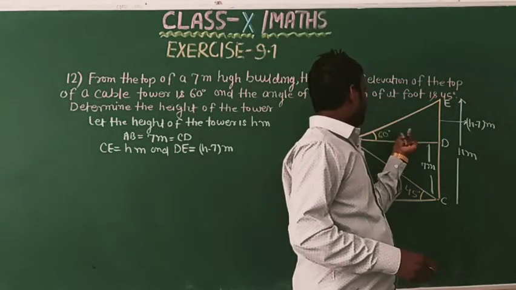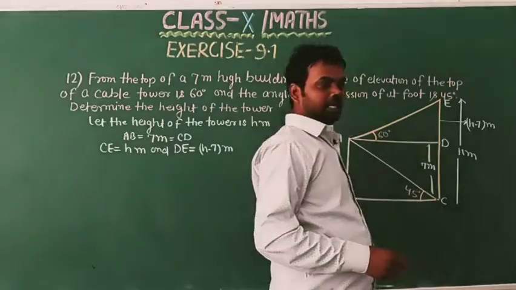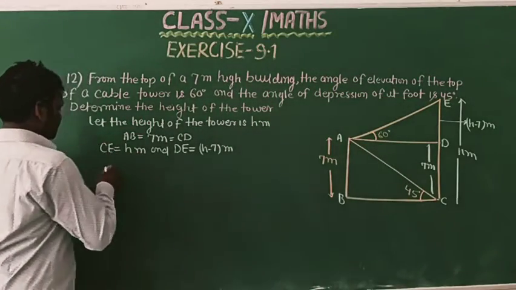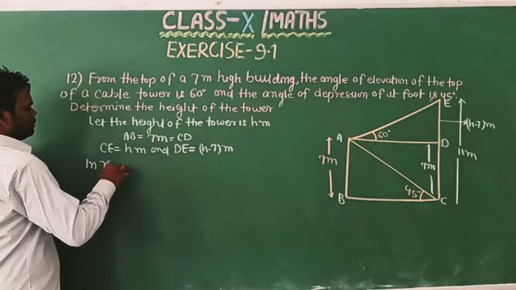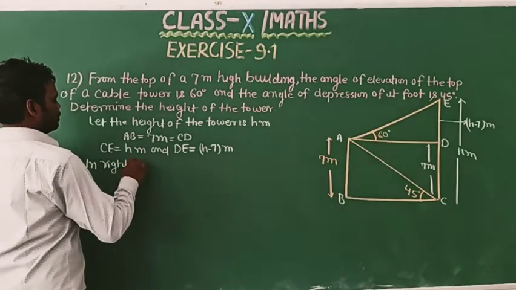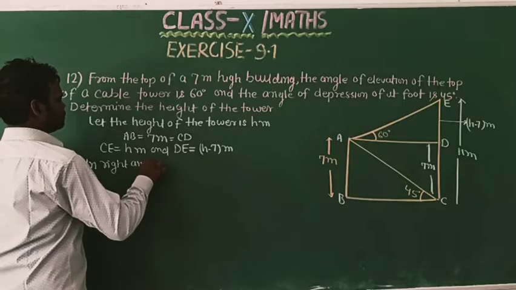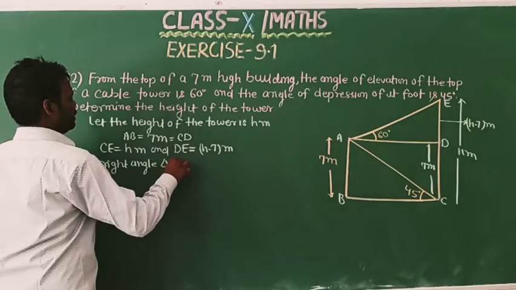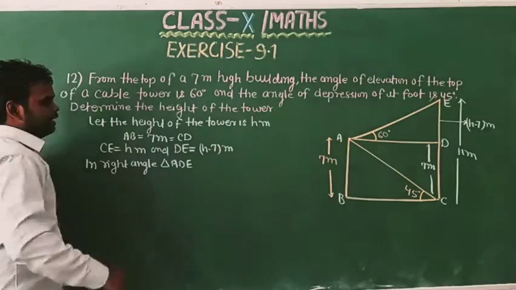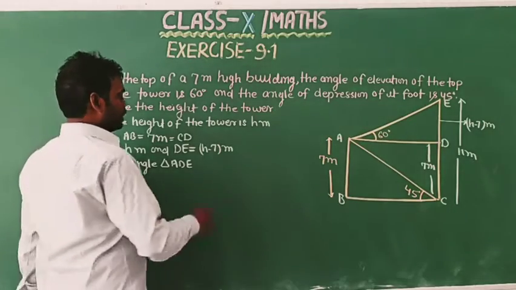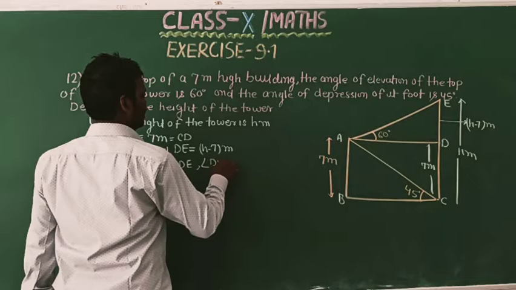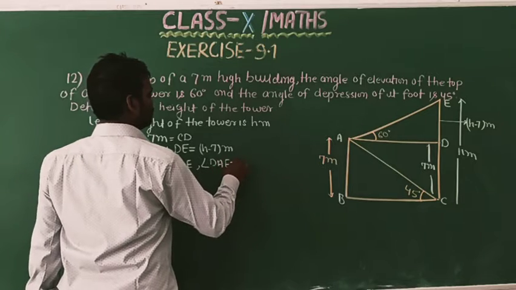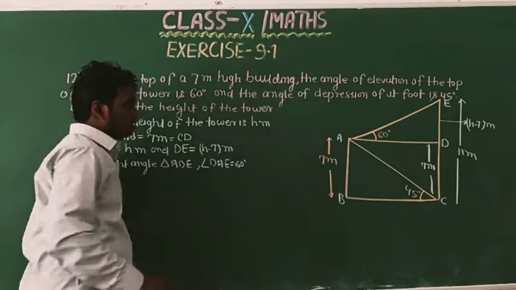Okay, so now taking right angle triangle ADE, in right angle triangle ADE, angle DAE is equal to 60 degree.